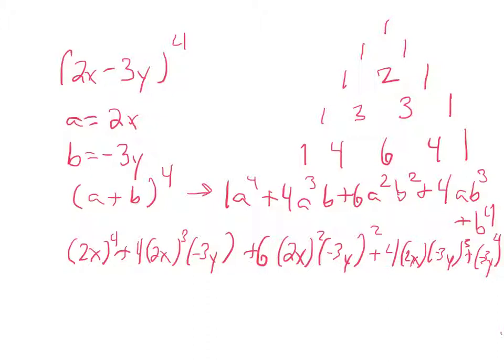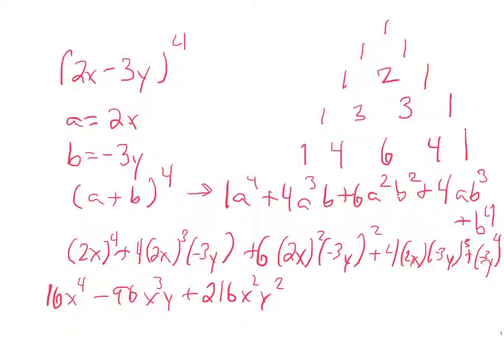Alright, and again, we can do this pretty easily. We can use our calculator. 2 to the 4th is 16, so it's 16x to the 4th. And then the coefficient here is 8 times 4 times negative 3. 32 times negative 3 is negative 96, x cubed y. Then 2 squared is 4, and 3 squared is 9, that's 36. 36 times 6, and I'm hoping I'm doing the math right, is 216 x squared y squared.